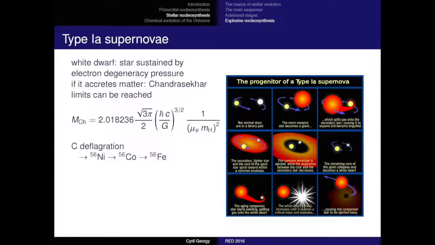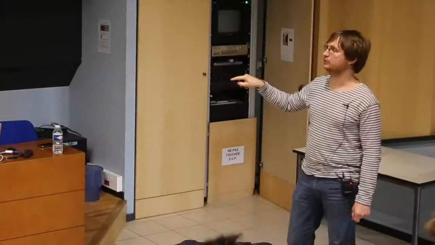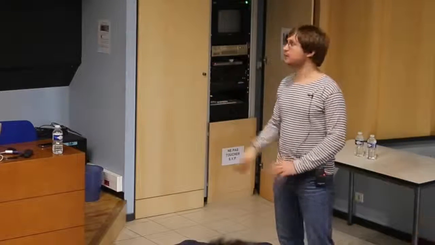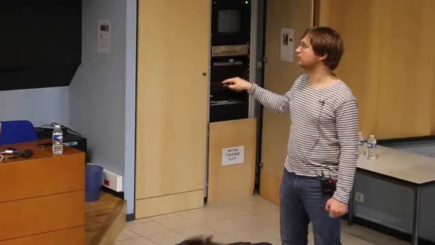If you go above this mass, you will suddenly produce carbon burning deflagration at the surface of your star, and this will explode your star, producing what we call a type 1a supernova.